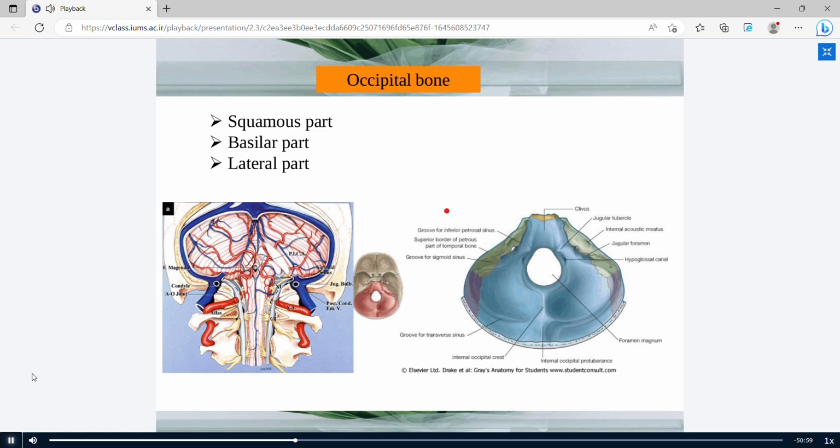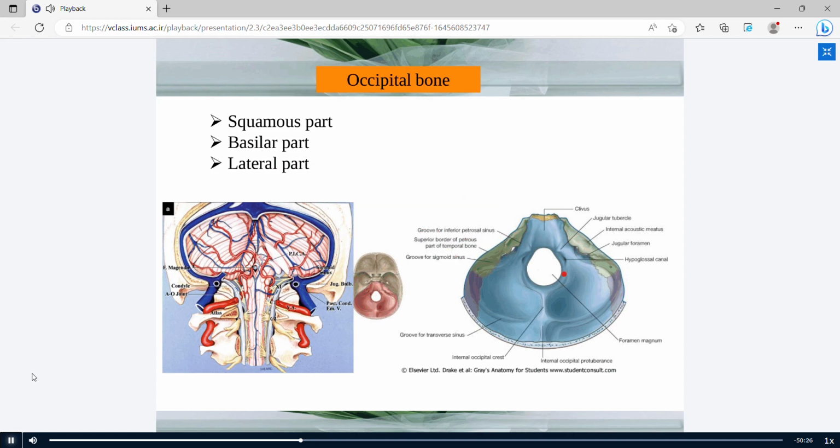Another bone is the occipital bone. The occipital bone forms the back of the head, and it includes three parts. The squamous part is here, the basilar part is a quadrangular shape, and this area is the lateral part.